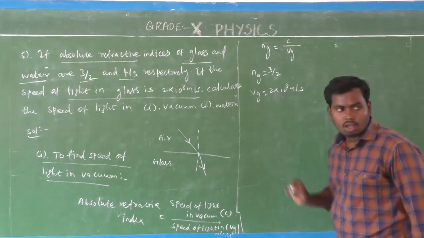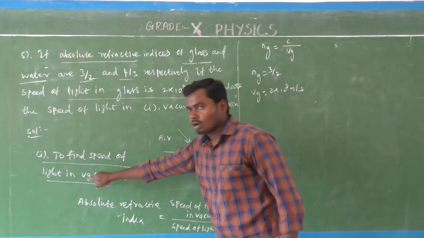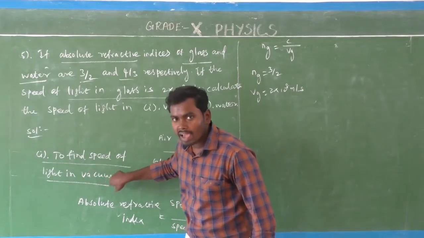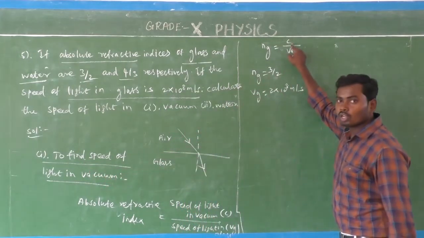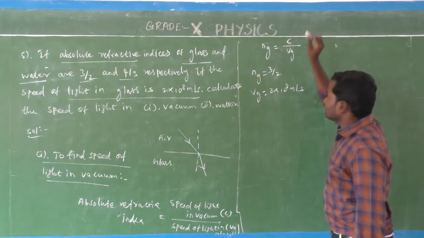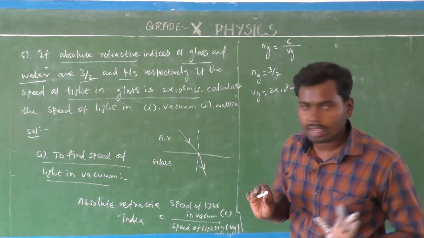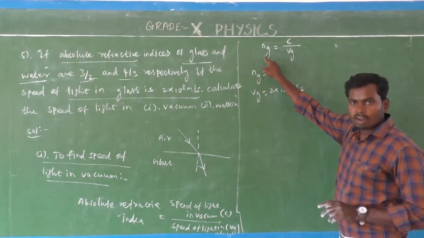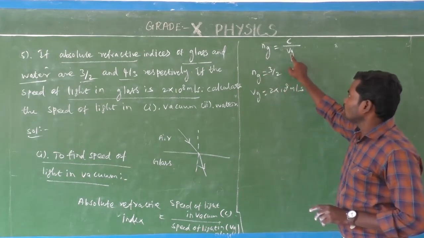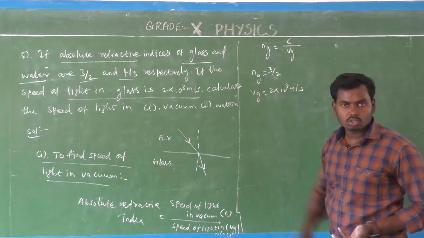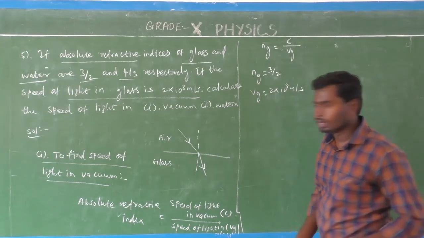Here, what we need to calculate is the speed of light in vacuum, which means the c value, only the c value. So we know the refractive index of glass and the speed of light in glass. Then substitute the two values, we can get the c value, very simple.